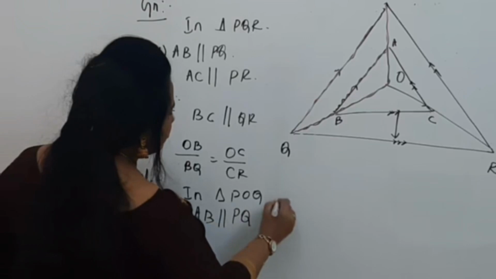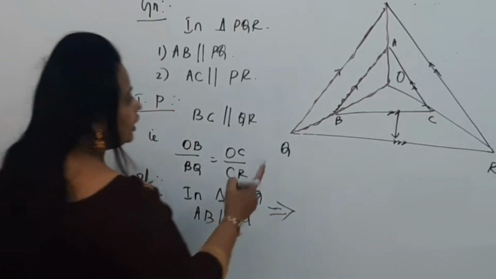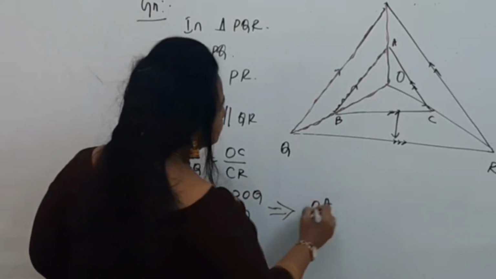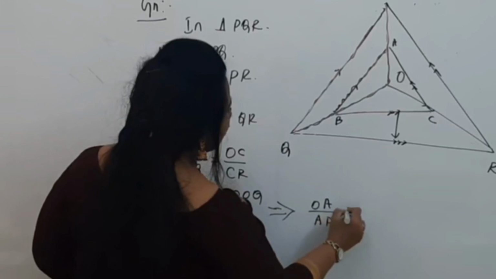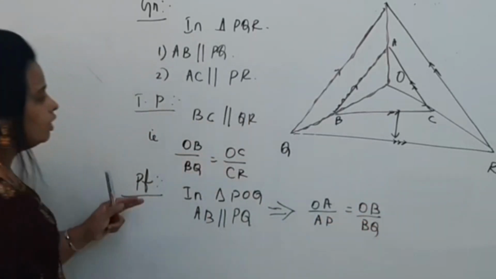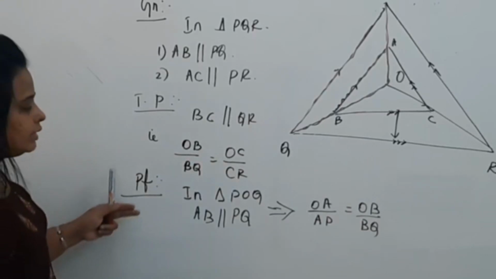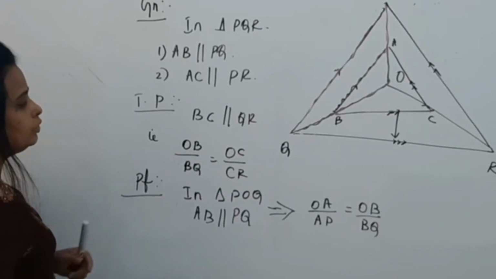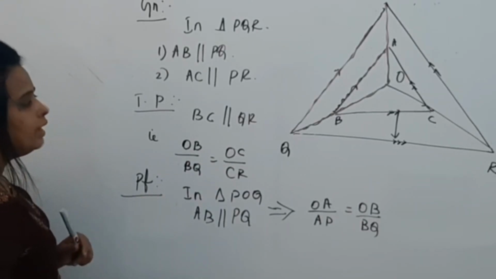That implies what? So OA divided by AP is equal to OB divided by BQ. This is what you are given. Since the two lines are parallel, you get the ratio.